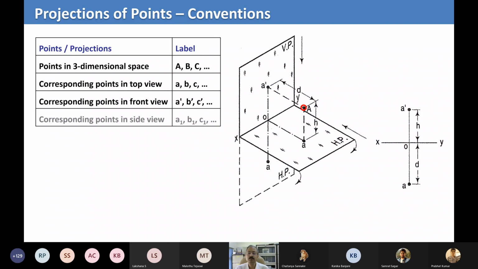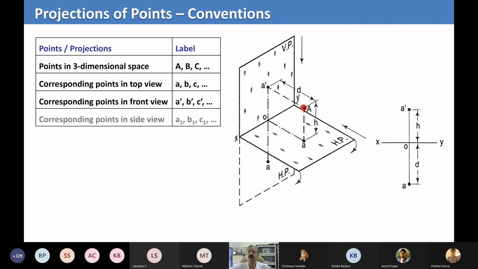Is that clear? On the right side picture, the small one, the XY plane, there is the first quadrant, and in the first quadrant, you're rotating the horizontal plane. Always, to get the views, you take the horizontal plane and rotate it by 90 degrees in a clockwise direction. That is how you get the top and front views both drawn on a sheet of paper. So when you rotate, the HP comes below the VP, and on the VP you're projecting essentially the front view.